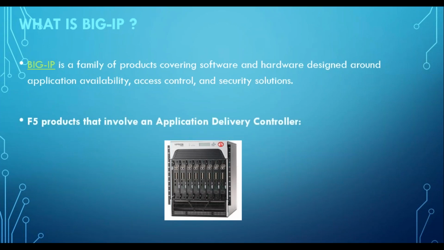F5 products which are developed can be of various segments. One of them is a Viprion. Viprion is nothing but a high-end device which is chassis based. The diagram which you see here is of Viprion, wherein these are different blades which are fit on one specific Viprion box.